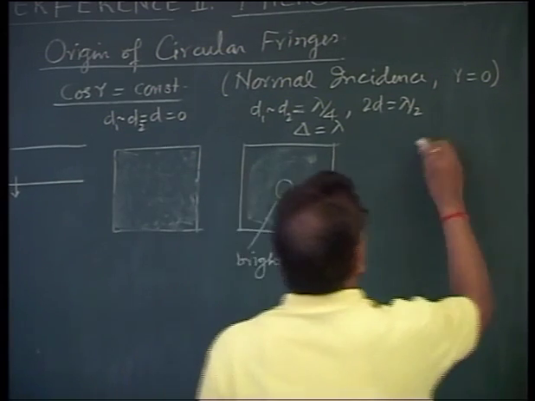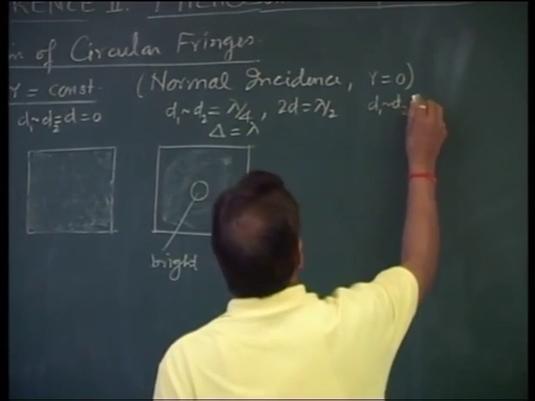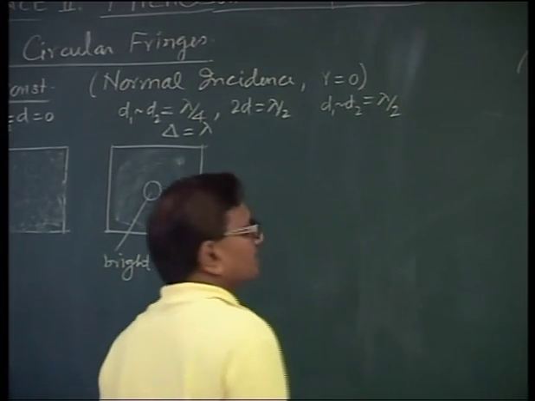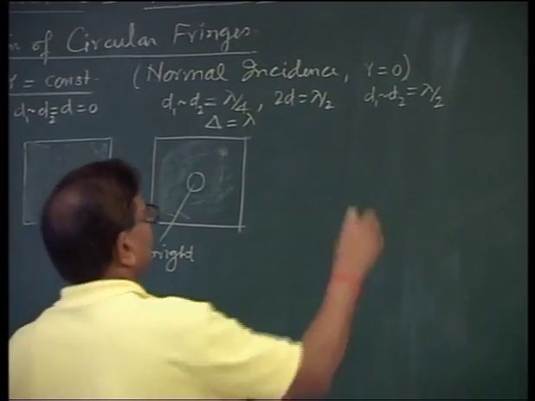Suppose we move the mirror further. d1 minus d2 is say lambda by 2. That means we have moved the mirror further by a distance of lambda by 4. Then what shall happen?